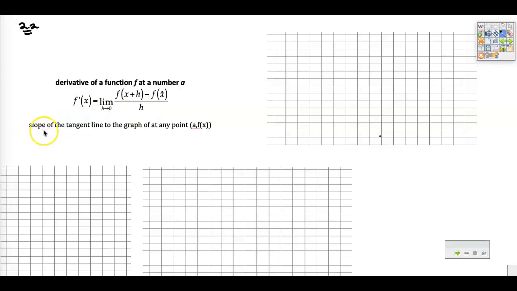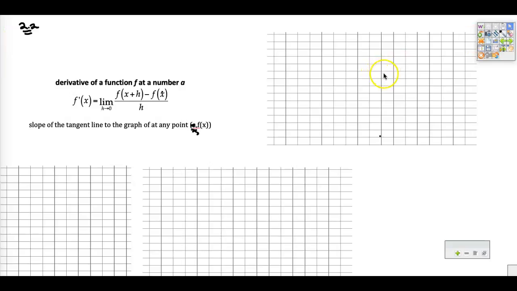And we illustrated that that represented the slope of a tangent line at any given point x comma f of x. And we're going to get into some language. So if the function is differentiable, then this limit definition has to exist.